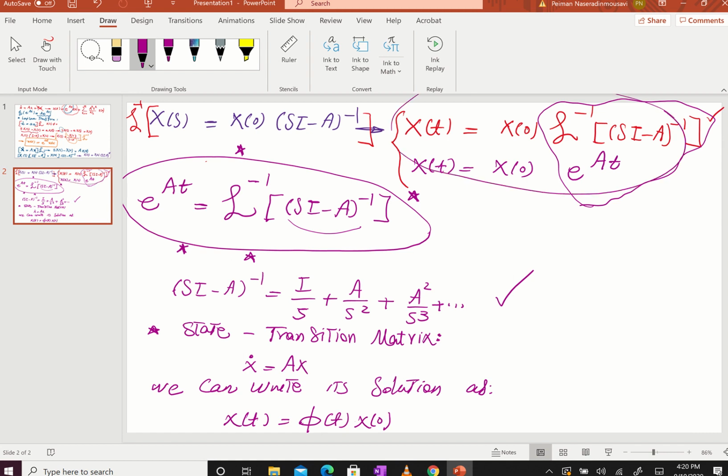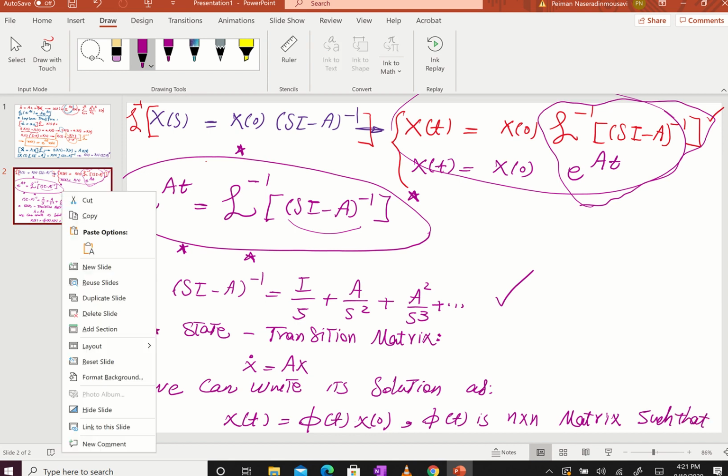That's right. And phi I name the state transition matrix. Phi of t is an n by n matrix such that what?